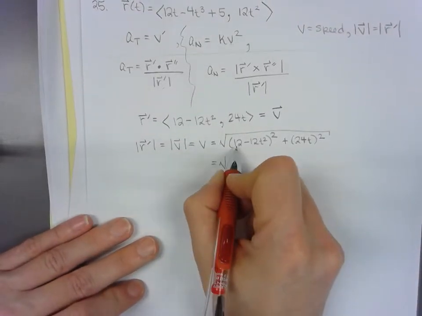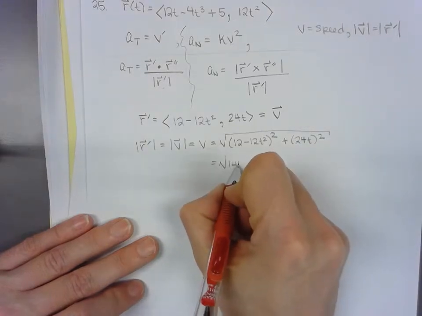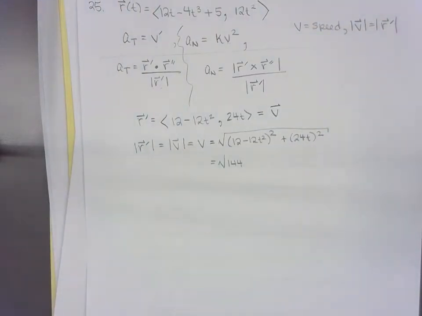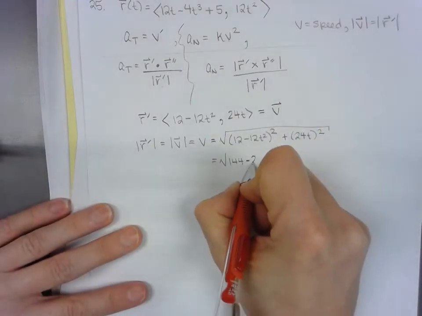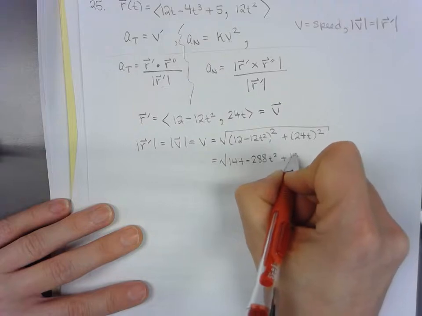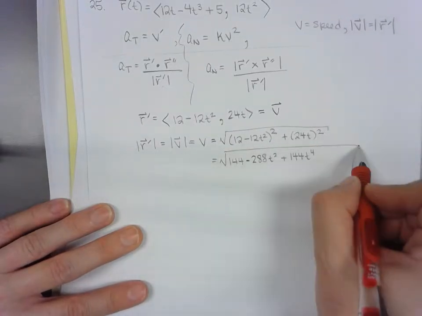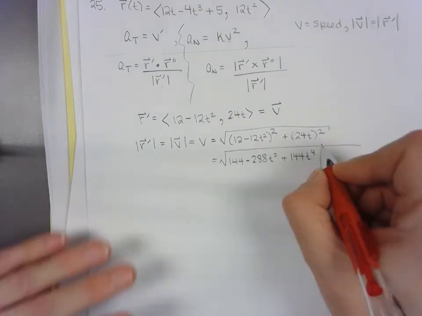Okay, so think about doing FOIL. 12 squared is 144. Outside would give me minus 144t squared. Inside would give me minus 144t squared. So minus 144 minus 144 is minus 288t squared, plus 144t to the fourth. 24 squared is 576.